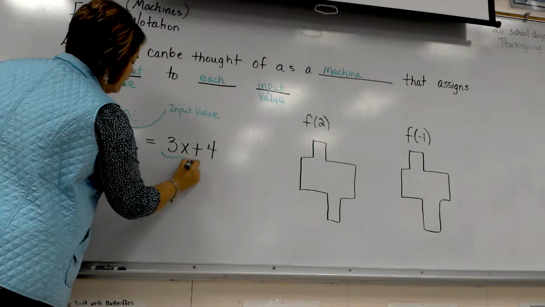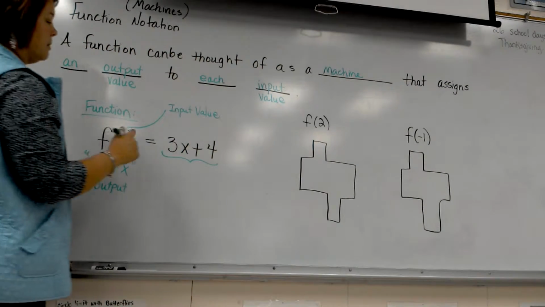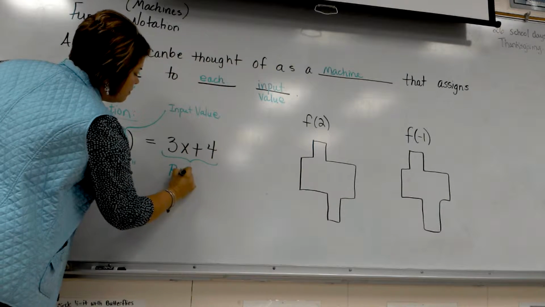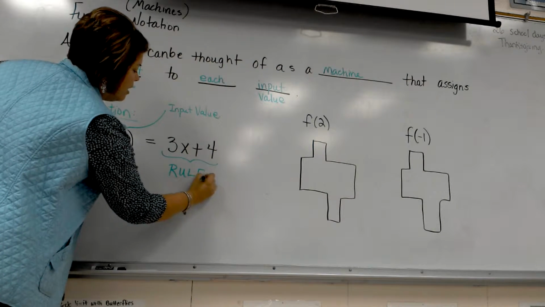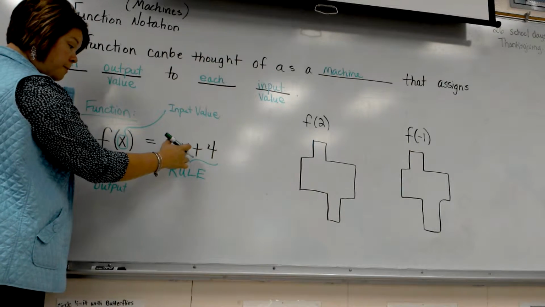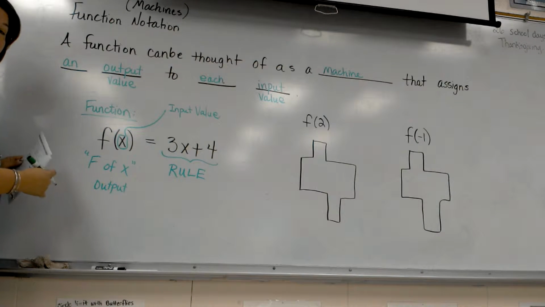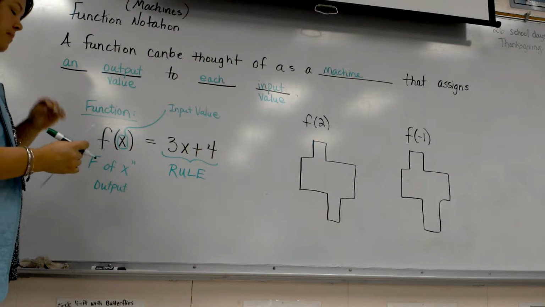This part right here, this 3x plus 4, which is always changing, it's not always 3x plus 4, this is your rule. So I'm going to put an input value into the function, I'm going to do some rule to it, and I'm going to get an output value, okay?